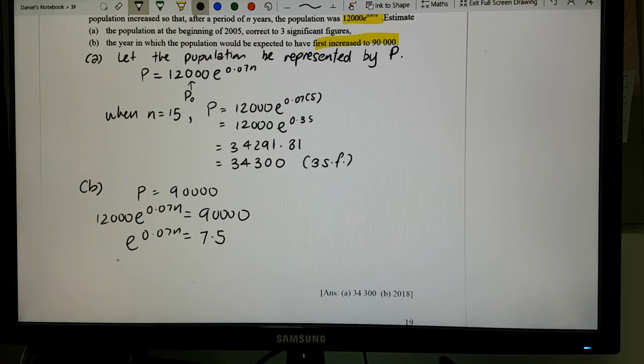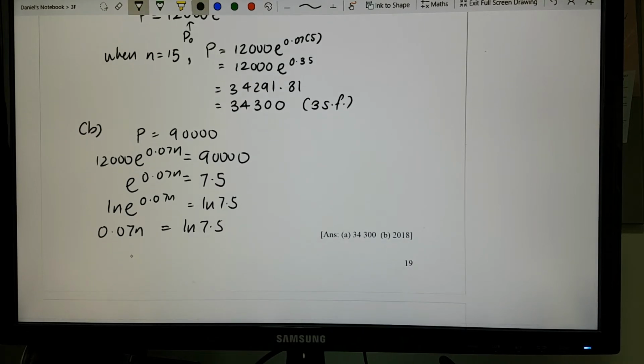To get the n down, I need to ln both sides. So 0.07n will be brought down. ln e is 1, so I don't need to write it, and I have ln 7.5. So n equals ln 7.5 divided by 0.07. You press your calculator, you should get 28.784.